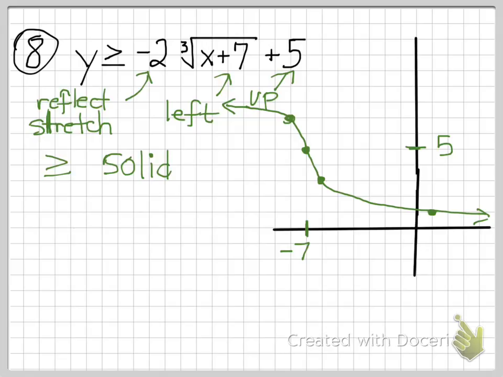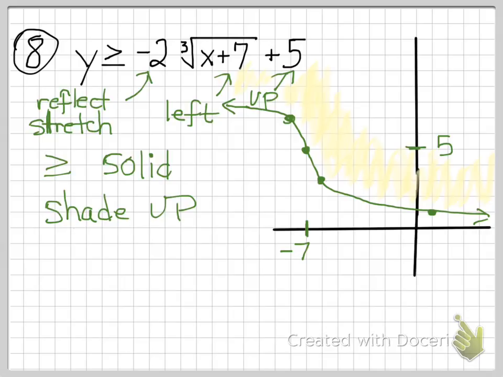Which way do we shade? We're going to shade up because it's a greater than. So I would shade everywhere above my cube root. Everywhere. Left, right, across, all the way above.